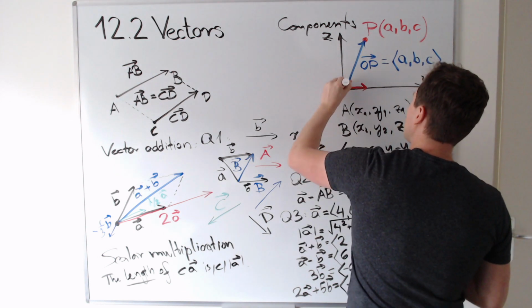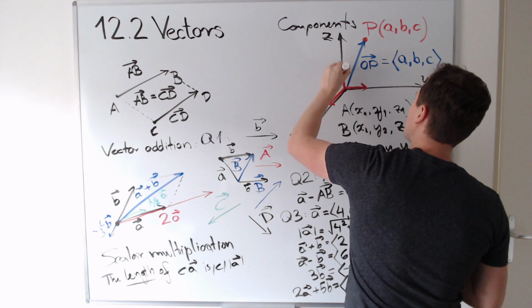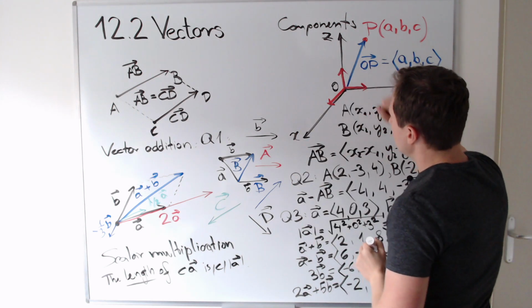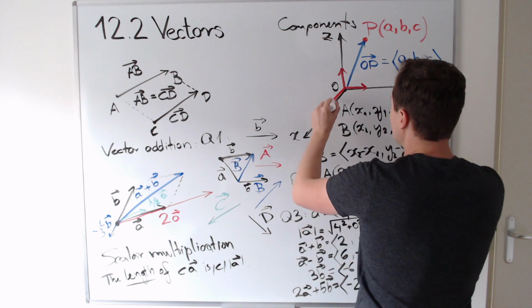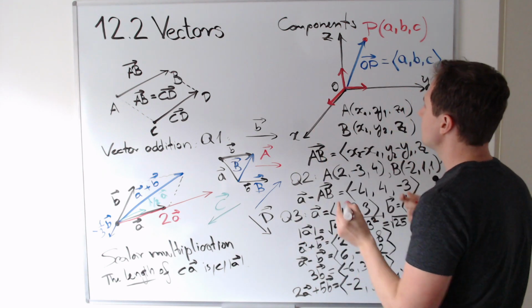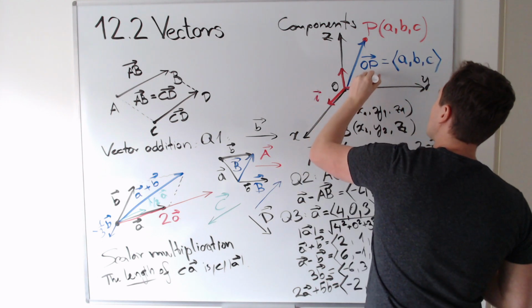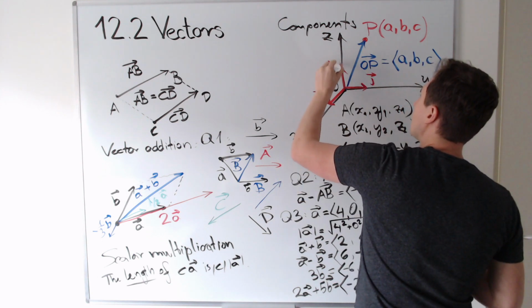If I take the 3 vectors that point in the positive direction along the coordinate axes and have unit length, I get the basis vectors, which are called i, j, and k.